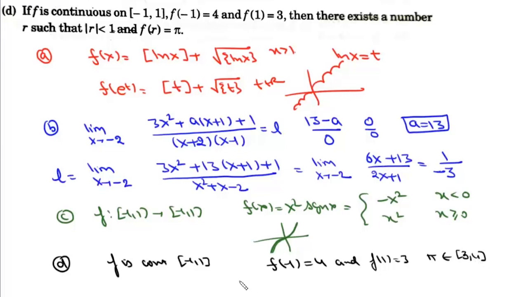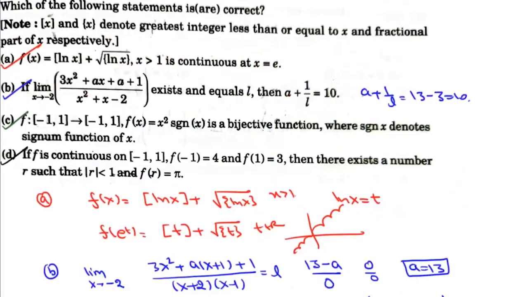Therefore, from intermediate value theorem, we can say there exists an r in the interval minus 1 to 1 such that f(r) must be equal to pi. That means the statement D is correct. So for this question, all the 4 statements are correct.